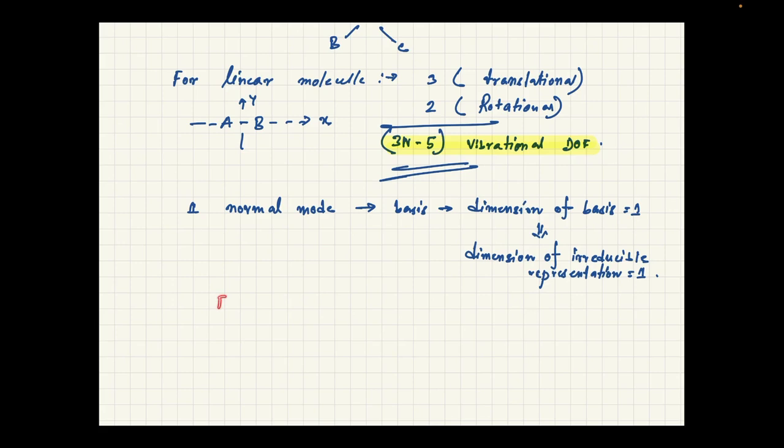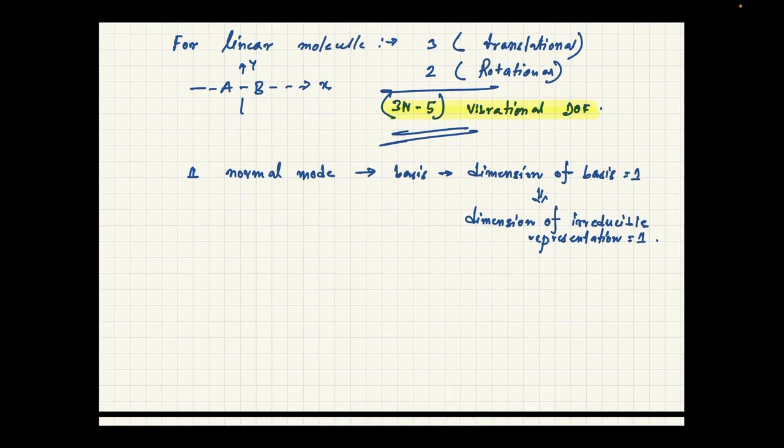And if 3 normal modes are acting as a basis, then the dimension of the irreducible representation will be 3, and it will be a T type of irreducible representation, like this. So basically the key point is this: each vibrational normal mode or combination of vibrational normal modes can act as a basis for some irreducible representation of that molecule belonging to a particular symmetry group or point group.